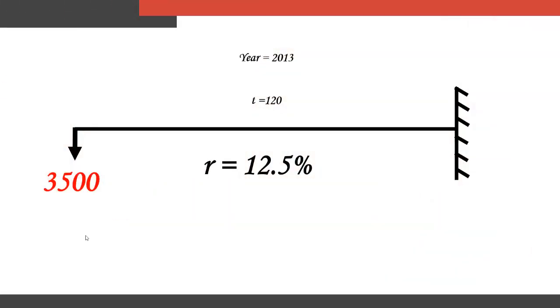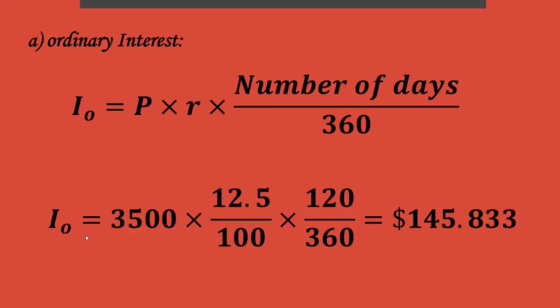This is the timeline. Note that the year 2013 is a non-leap year. We have T equal to 120 days and the principal 3,500 with a rate of 12.5%. At the beginning we need to calculate ordinary interest.